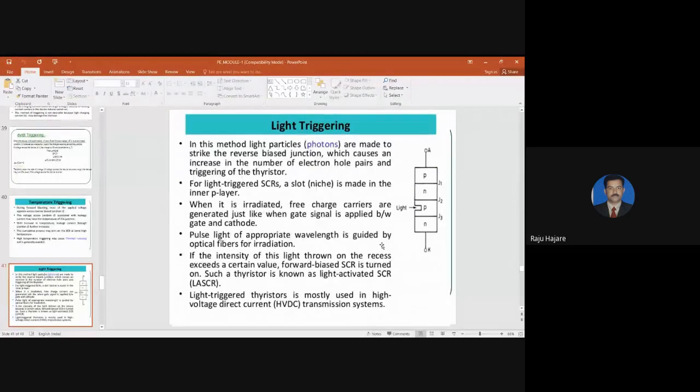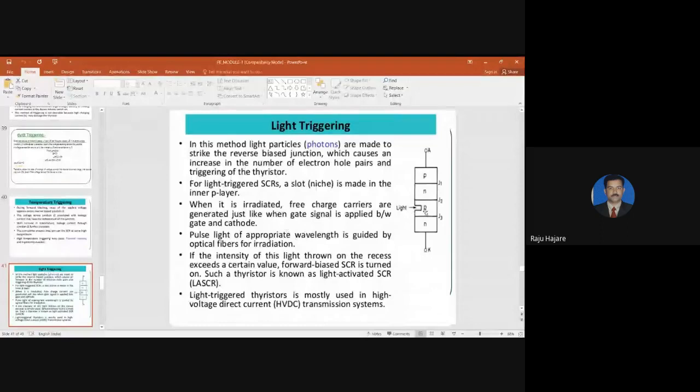So what exactly happens is, light particles called photons strike the junction, which causes an increase in the number of electron-hole pairs, and this light triggering mechanism for SCR is applied in the inner layer of the P layer.